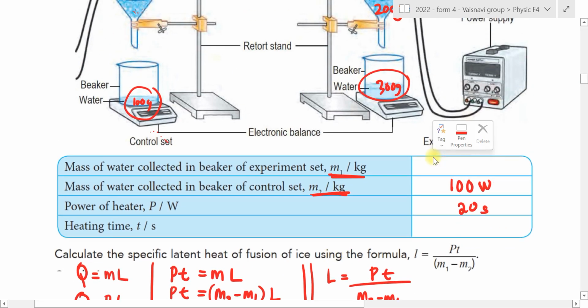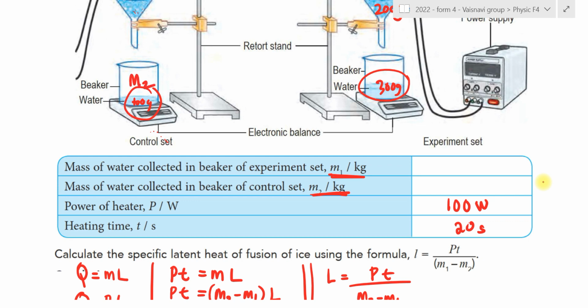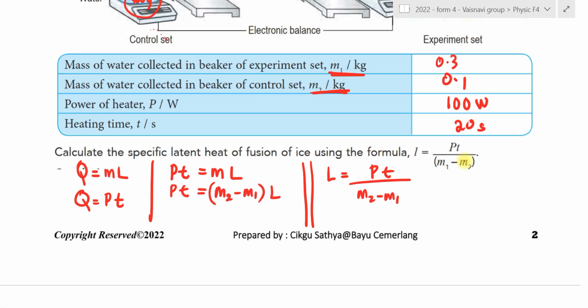Okay, dia label macam tu. Ini adalah M1, yang ni adalah M2. 0.3, 0.1. Jadi, M1 minus M2 lah. Doesn't matter actually. Okay. Right. Jadi, latent heat dia macam mana? Power dia 100. Time dia, mesti dalam SI unit. Second, 20 second. 0.3 minus 0.1. How much is that?